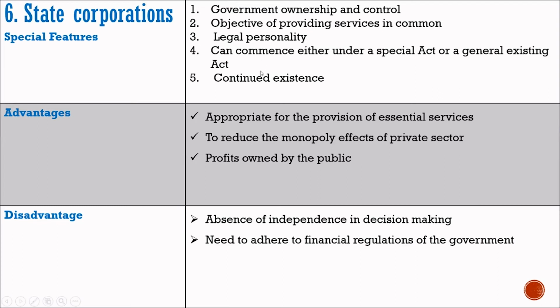They have a continuous existence. So the advantages are they can provide essential services properly and reduce the monopoly of the private sector. The profits collected by these corporations are owned by the public. So the money they collect will go towards the public welfare.